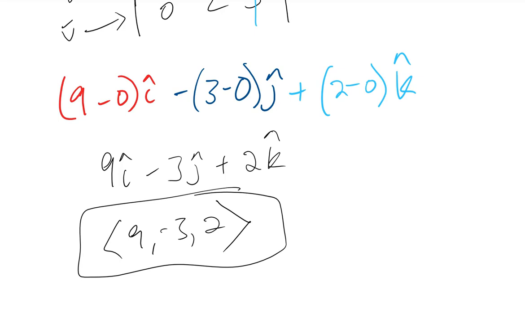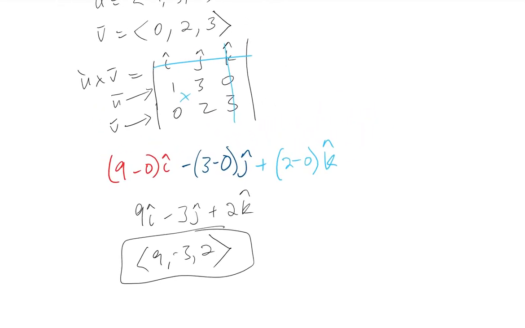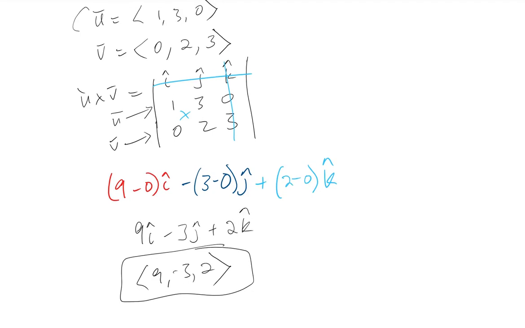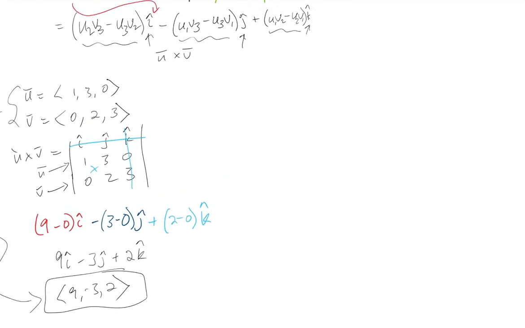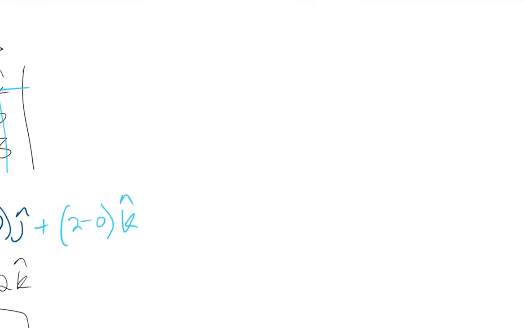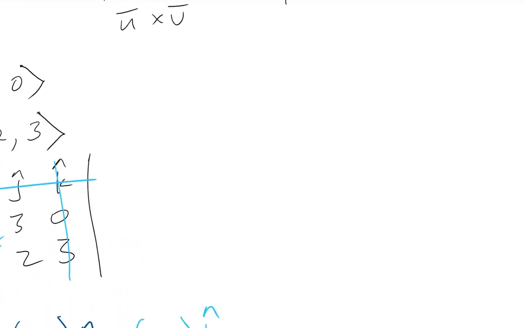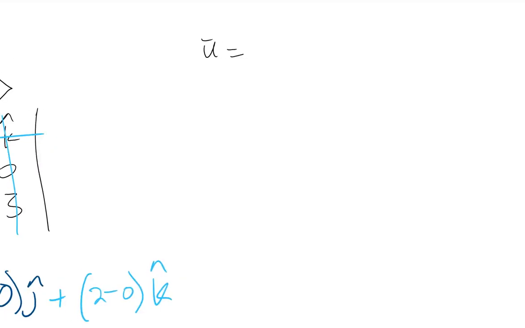So one way you can check this, now remember, the cross product is going to be a vector that's perpendicular to both U and V. Okay, so we're going to pull U and V into this, and let's graph all three of these. So we've got U equals 1, 3, 0.